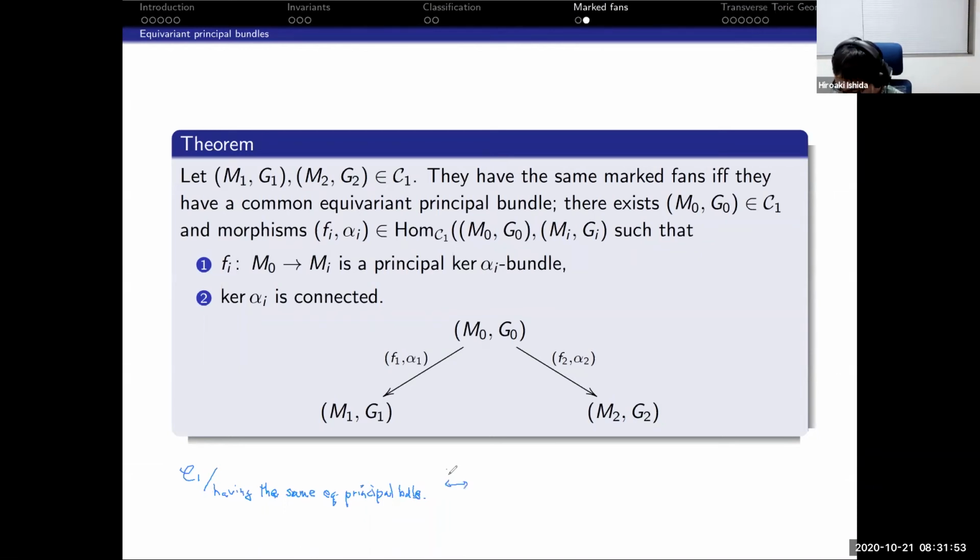This is a one-to-one correspondence between this class and the class consisting of complete simplicial marked fans up to isomorphism.